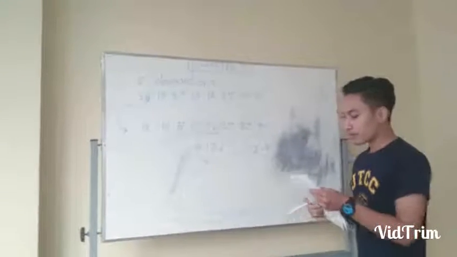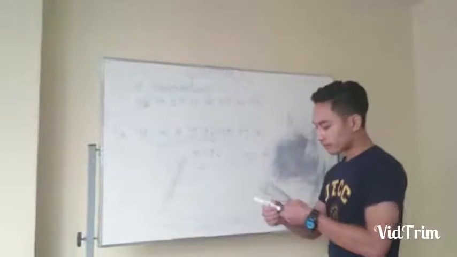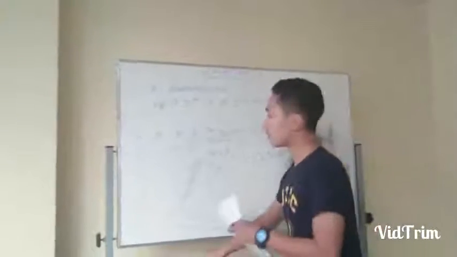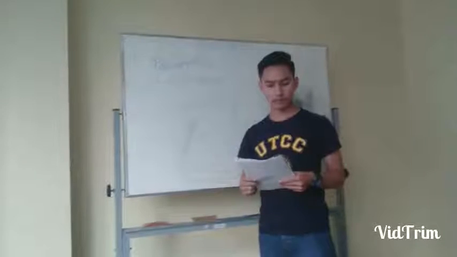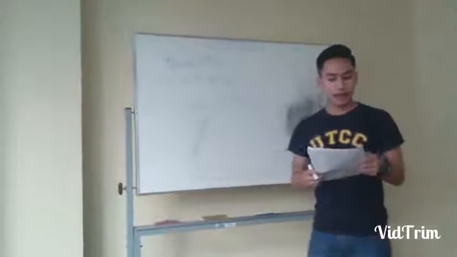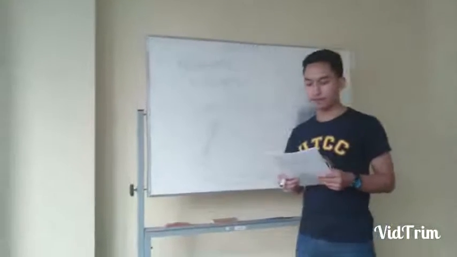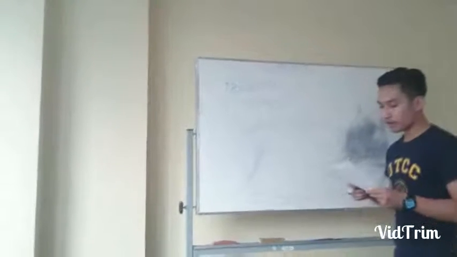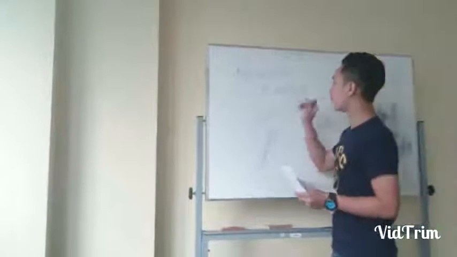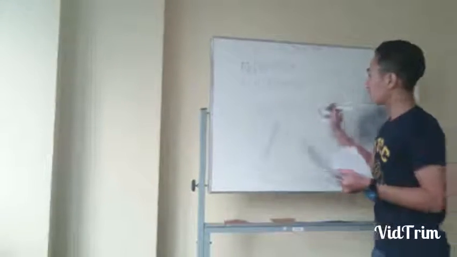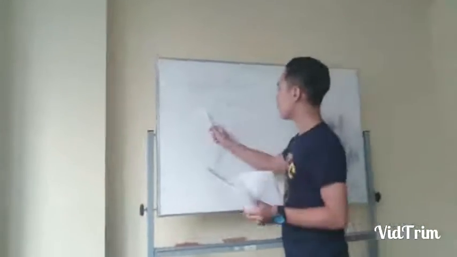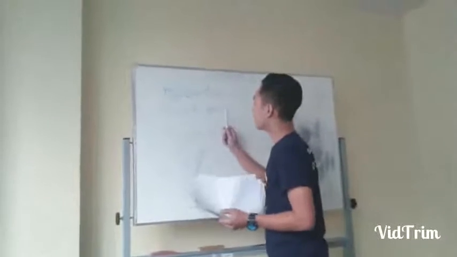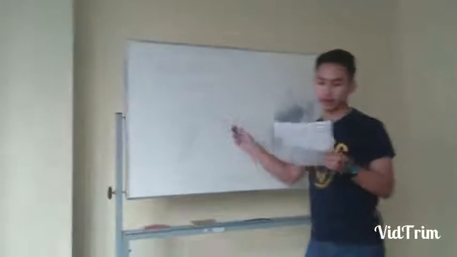Okay, so percentile. For number 10, explain the relationship of median as the measure of location and percentile. You need to remember the formula first. The formula of percentile is i equals P divided by 100 times n.